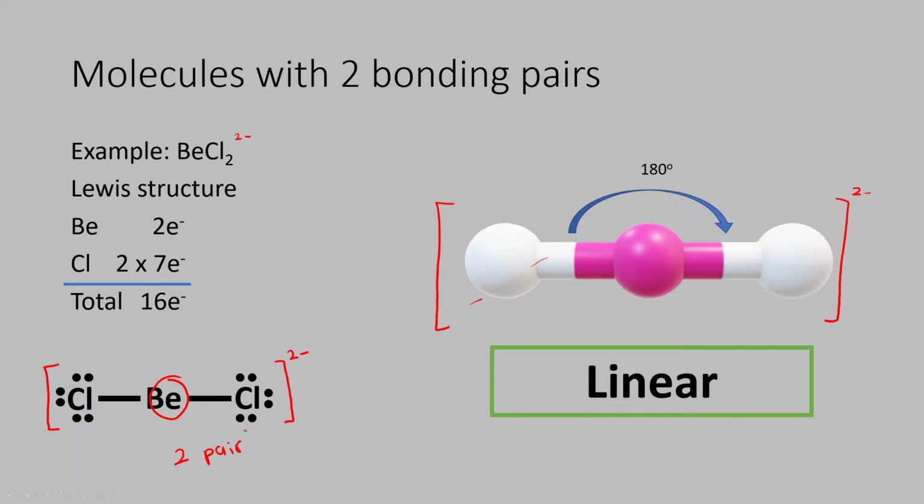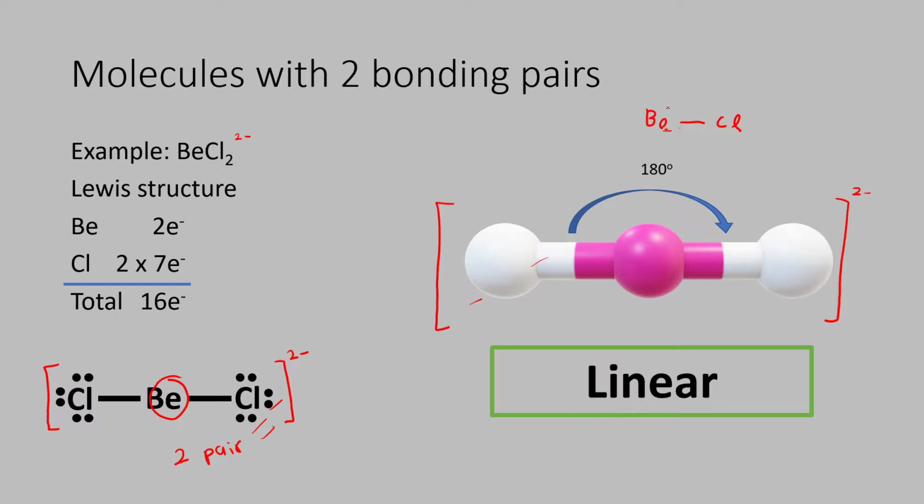So based on VSEPR, kita nak letak dia as far as possible. So tengah-tengah dia is beryllium, and then kita letak satu spesies, okay kan, and it is chloride. So when drawing the molecular geometry, dah tak perlu dah nak tulis lone pair yang dekat terminal atom ni, dah tak perlu dah.